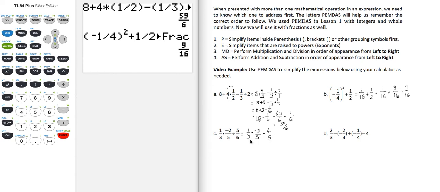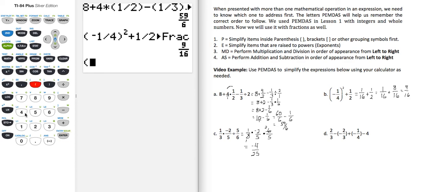So I just took the reciprocal of the 5/6. The reason I did that is I was hoping that I would have some common factors I could reduce, which I do between 3 and 6. So 3 goes into 3 once, into 6 twice. Now if I multiply 1 times -2 times 2, that leaves me -4. 1 times 5 is just 5, so the denominator is 25. There are no common factors between 4 and 25, so -4/25 is my final result.